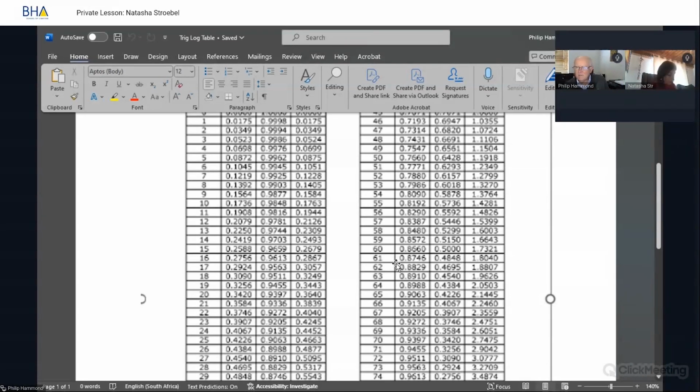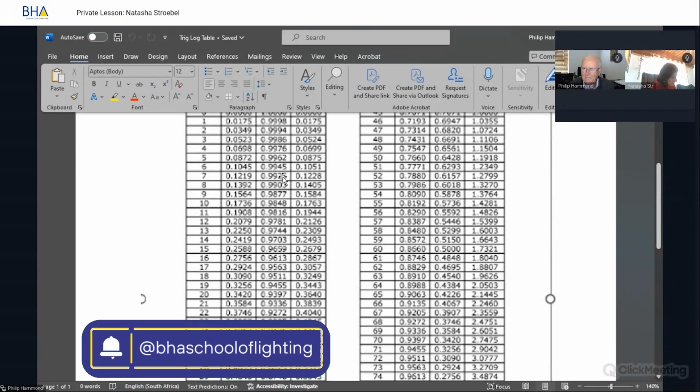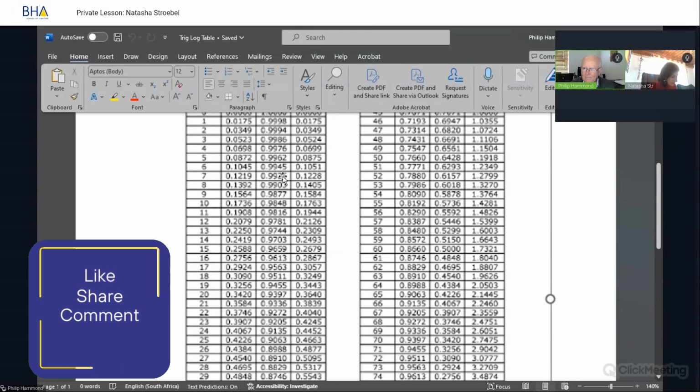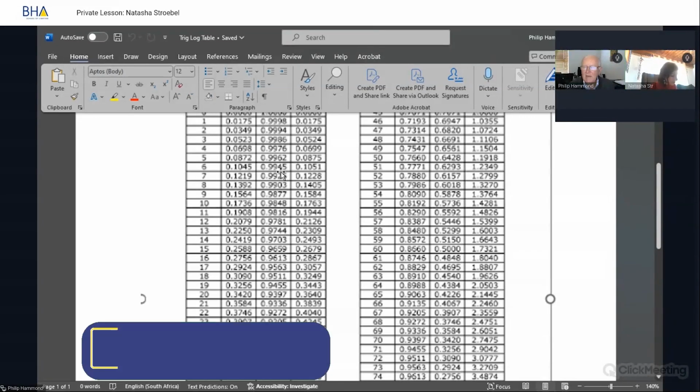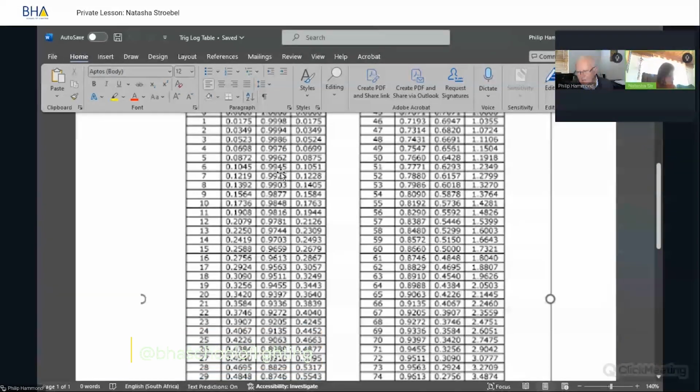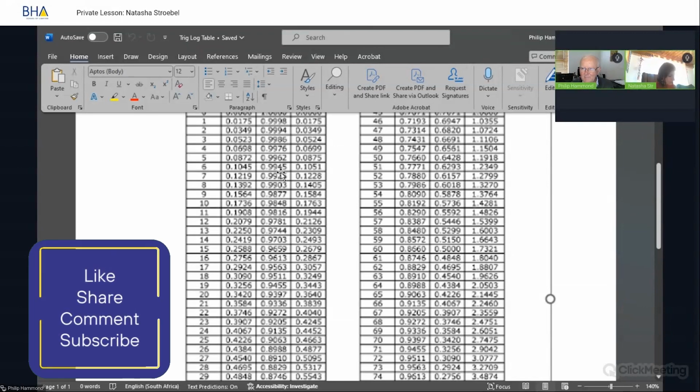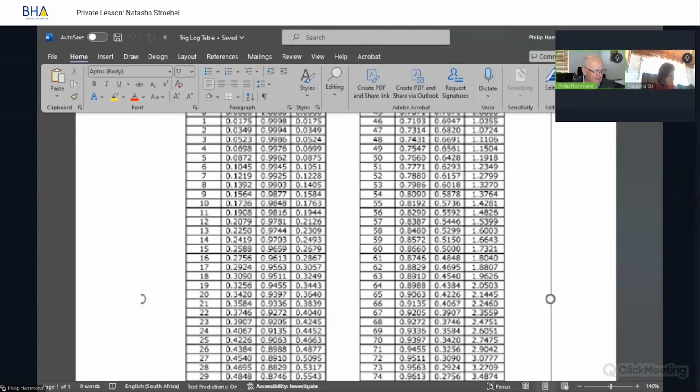It's just reversed. 60 degrees is the reverse of what 30 degrees was in the other column. It follows, it's logical. 30, 60. They are related in some way. And that's how they're related. Okay. I'm going to end the sharing.